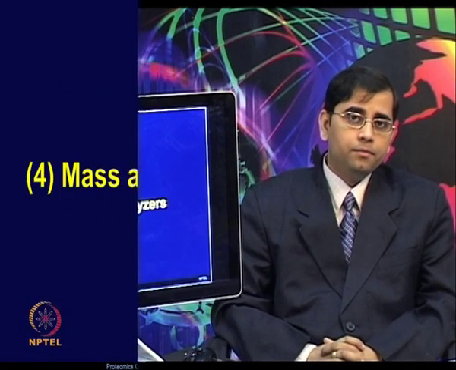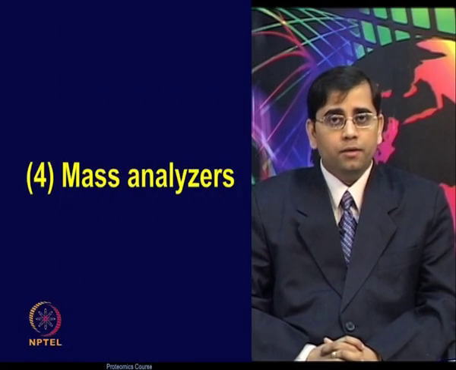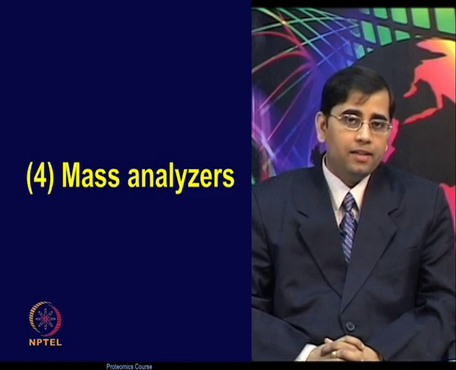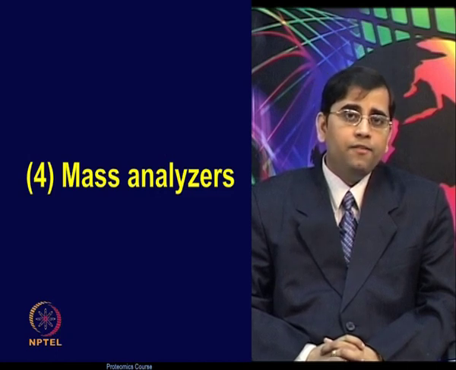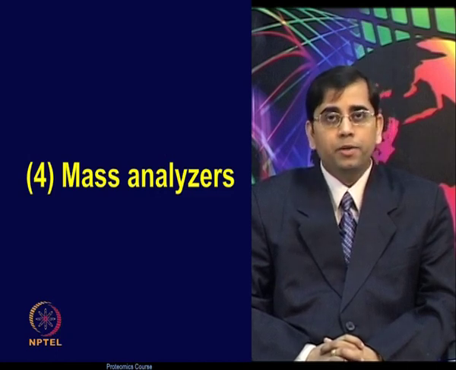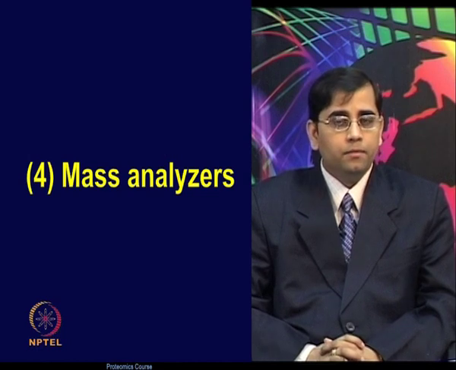After discussing three important components, now let us move on to the fourth part, the mass analyzers. There are different types of mass spectrometers currently available, but for proteomics there are two configurations which are most commonly used: the quadrupole time of flight or QTOF based configurations and hybrid linear ion trap Orbitrap instruments.